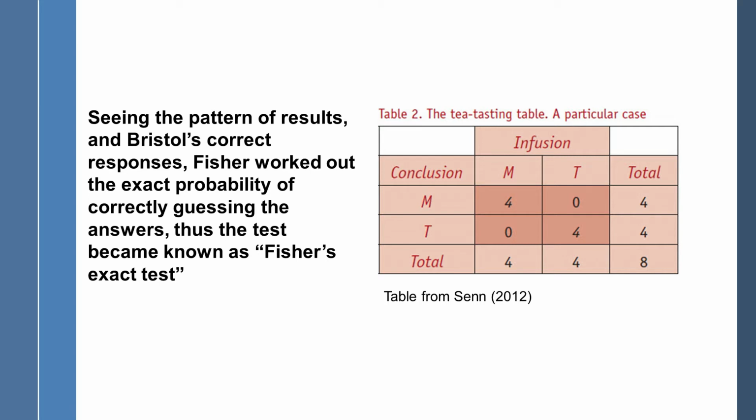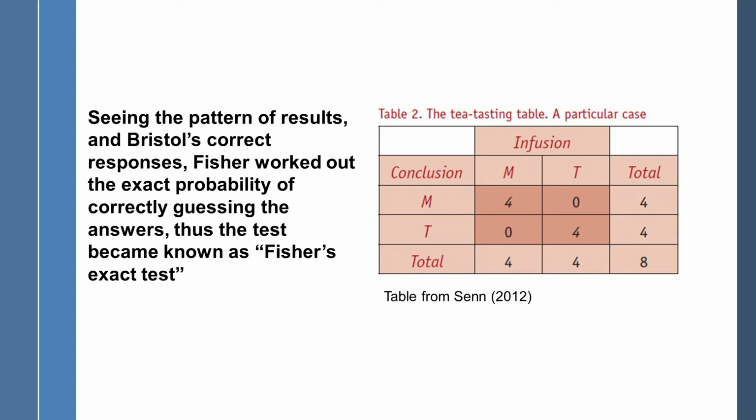Essentially what happened is that without any statistical means with which to test the probabilities here, Fisher set out to determine how we could find whether Bristol had an ability that exceeded chance, that exceeded guessing.